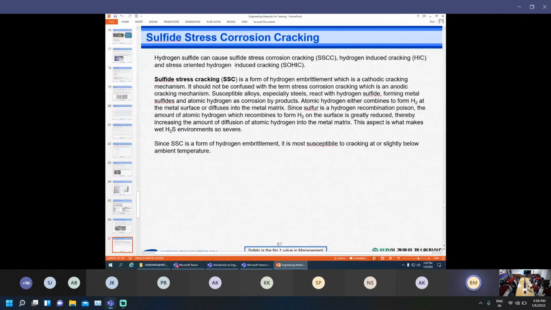So there are two types of cracking, anodic and cathodic. Sulfide is cathodic and stress corrosion is anodic. It is basically hydrogen embrittlement. Hydrogen gas comes into the material and it propagates the cracks in the material.